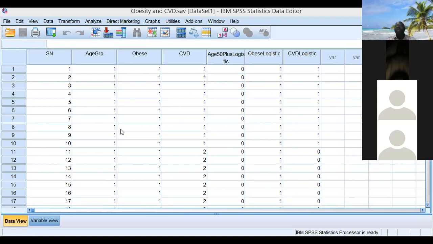When I want to do the regression, I have to code obese as yes, 1, and not obese as 0, and CVD as yes, 1, and no CVD as 0. But for this one, we want 1 and 2. If you code it 1 and 0, you get a wrong answer.